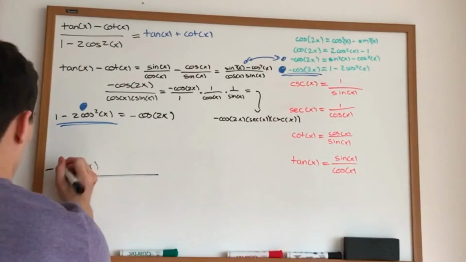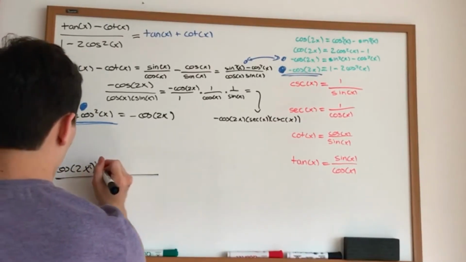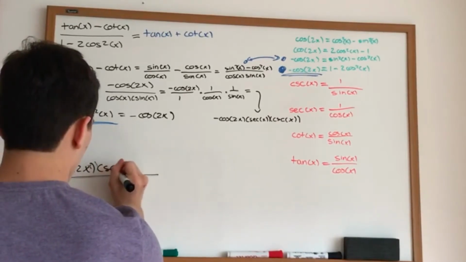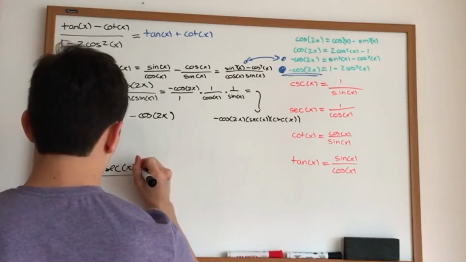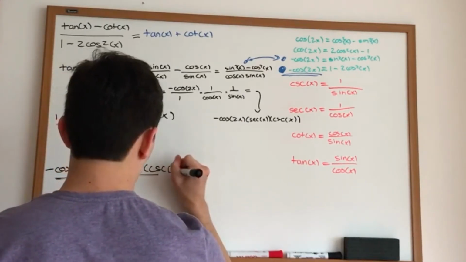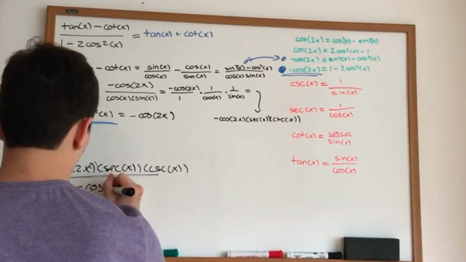When we join this, we get the common fraction of minus cosine of 2x times secant of x times cosecant of x, over cosine of 2x.